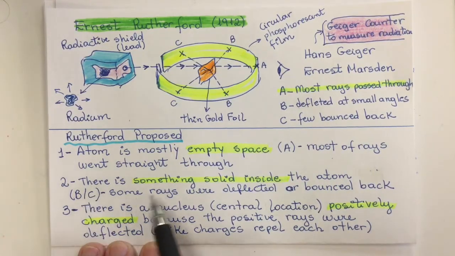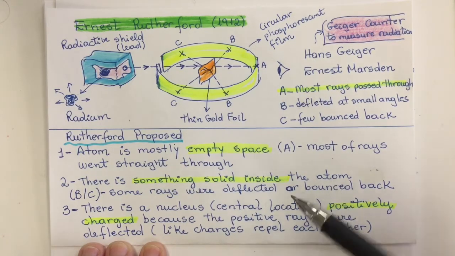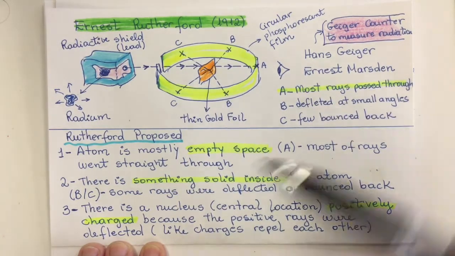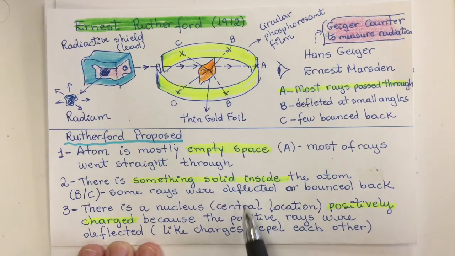Two, there is something solid inside the atom, which was proved by B and C. Some rays were deflected or bounced back. And the third one, there is a nucleus in a central location, positively charged, because the positive rays were deflected based on the principle that like charges repel each other.